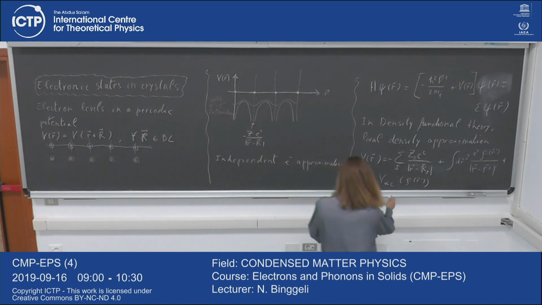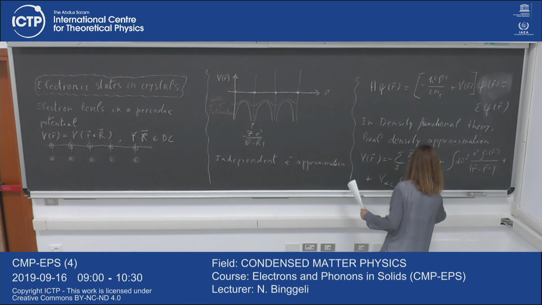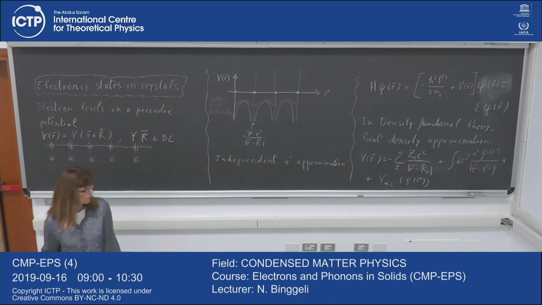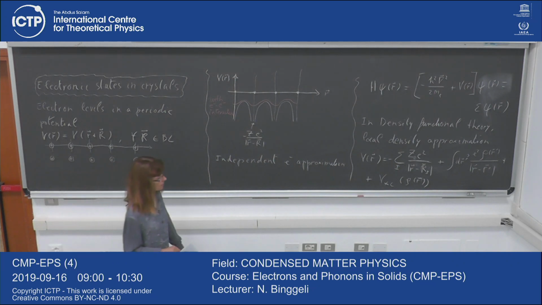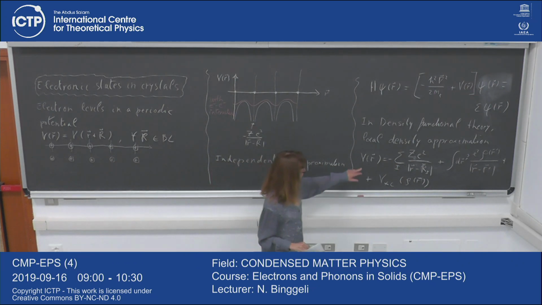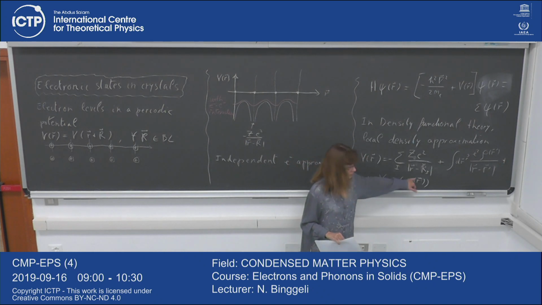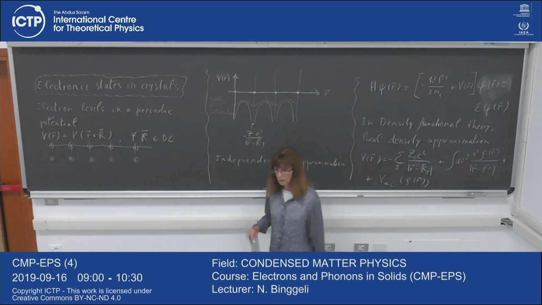Sorry, rho of R, not rho of R prime. So the local approximation is that this potential V of R depends on the charge density locally, that is rho at the point R.